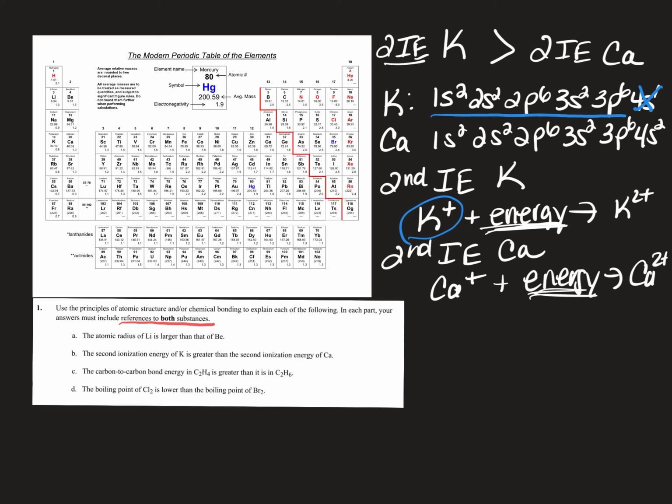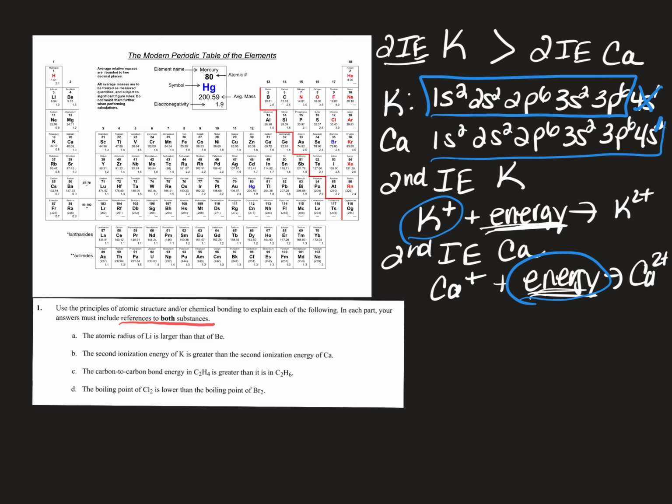So that means that we're going to take it from the core electrons, where if we look at a calcium 1 plus, this is going to be a 4s1. That's the configuration, so that's the energy that we have to put in to take out that 4s1 electron.